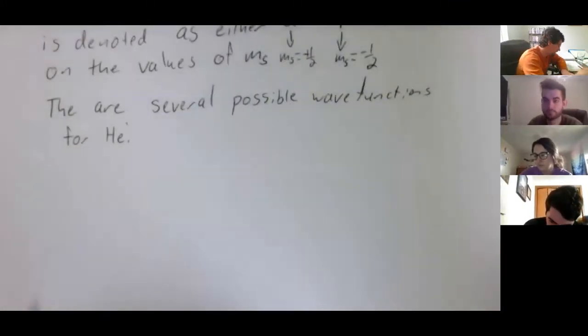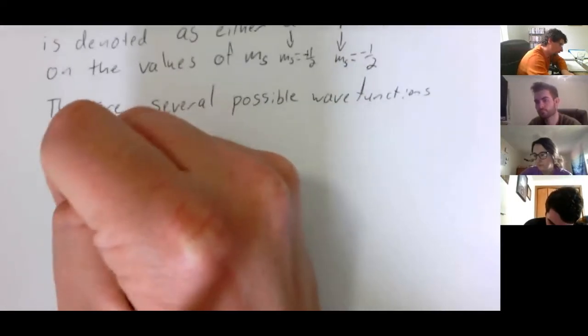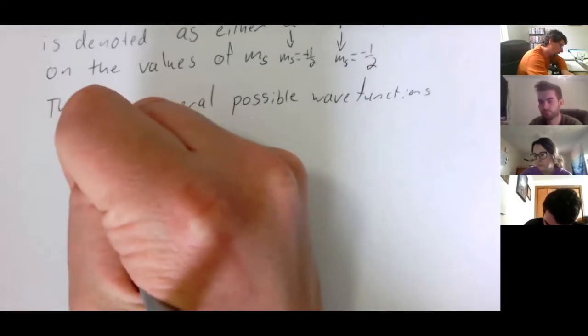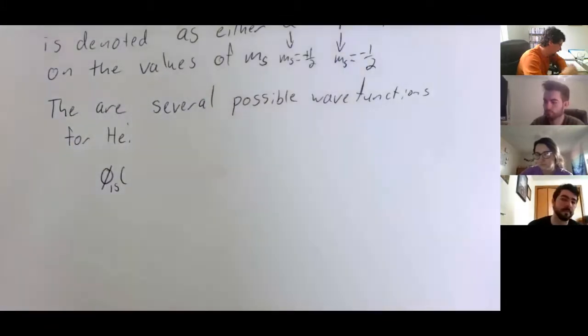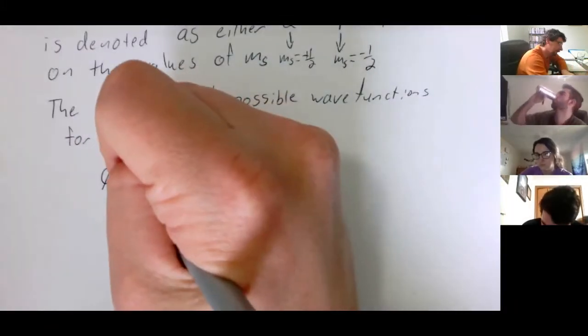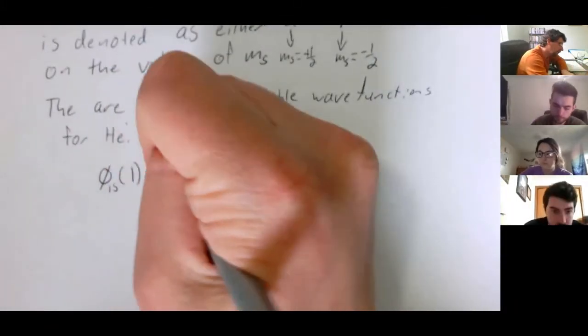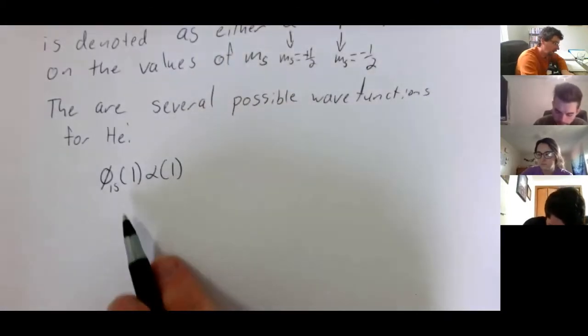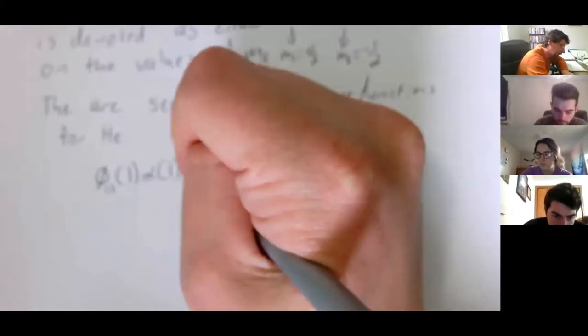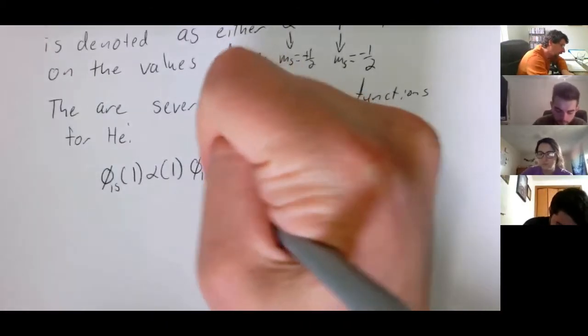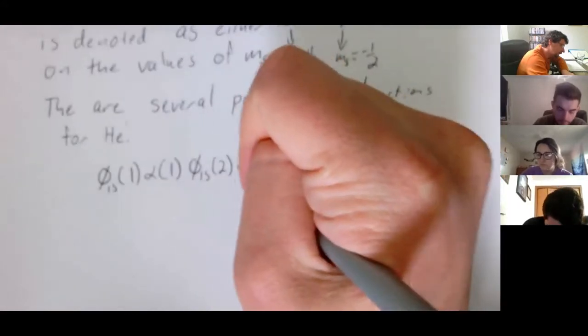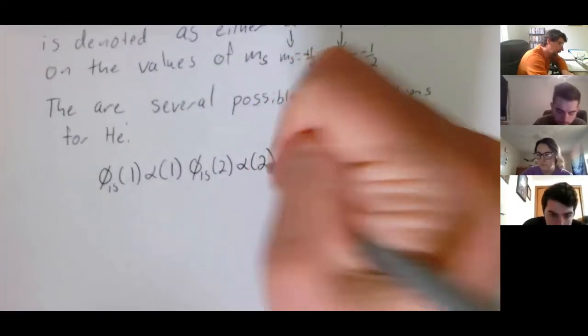The first one we could have is 1s electron number 1 with alpha, 1s electron number 2 with alpha.